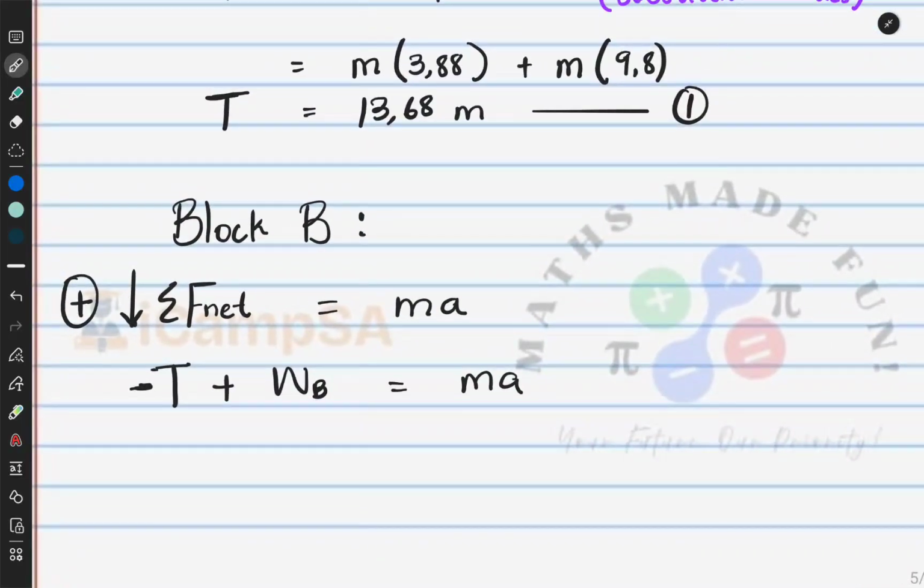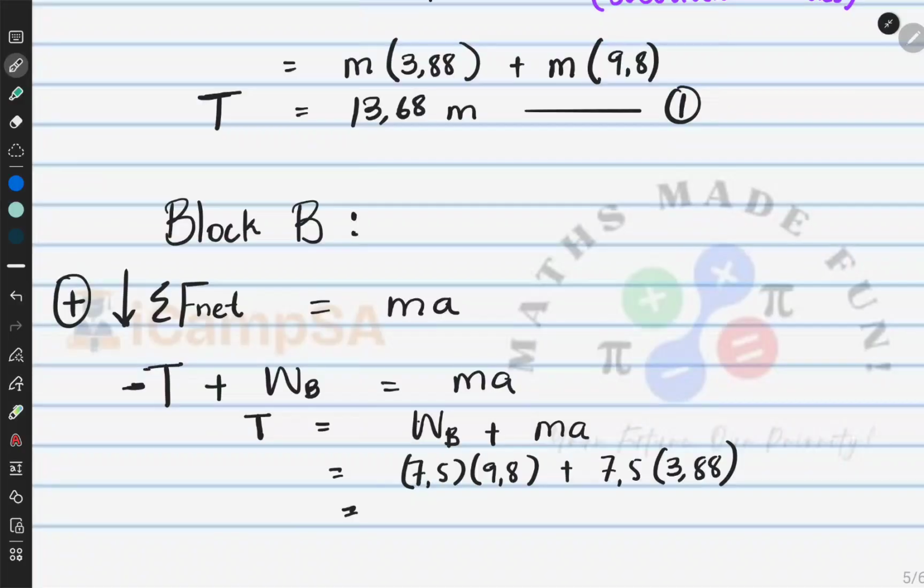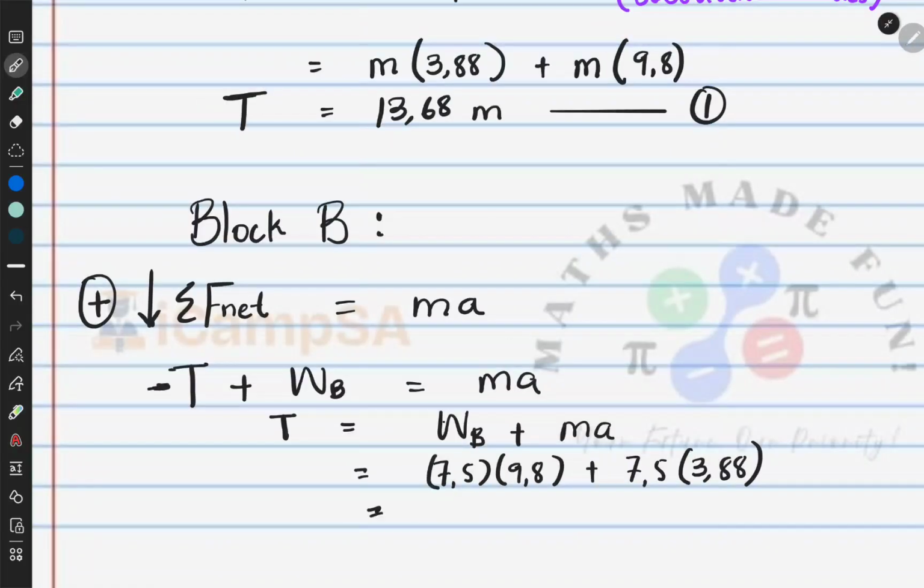So I transpose and then I substitute. Right, so now I want to find my answer. 7.5 times... I get 102. Sorry, this is supposed to be a negative sign.